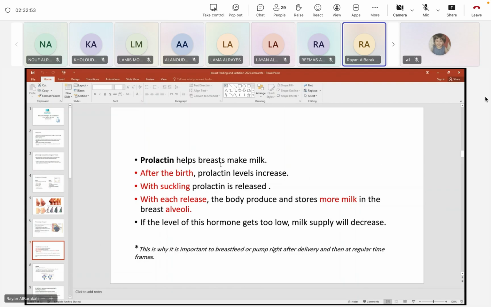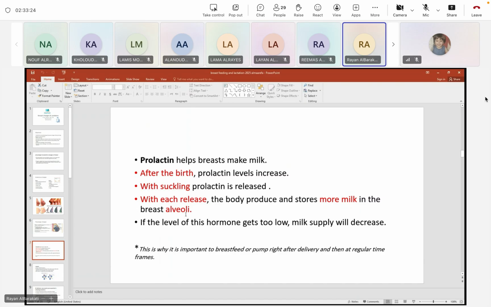So if the breast is filled with milk due to prolactin, any mild increase in this milk will overflow. That's why it will seep a few drops of milk from the second or third trimester before delivery. It's not a sign of labor.